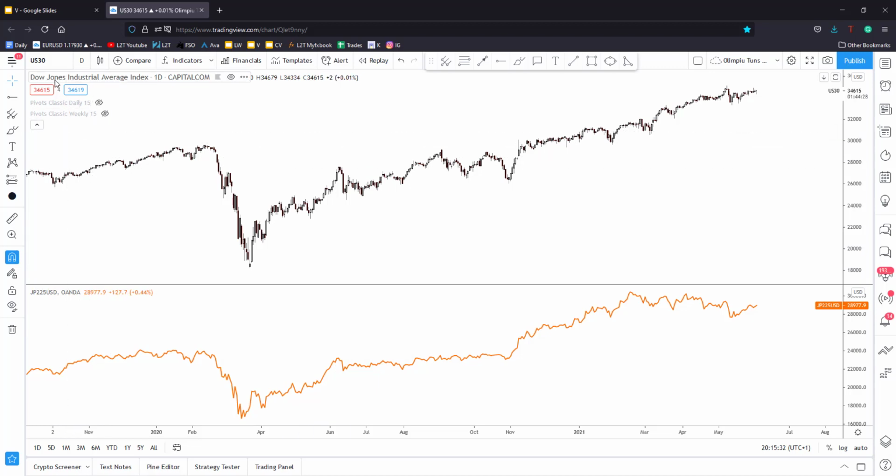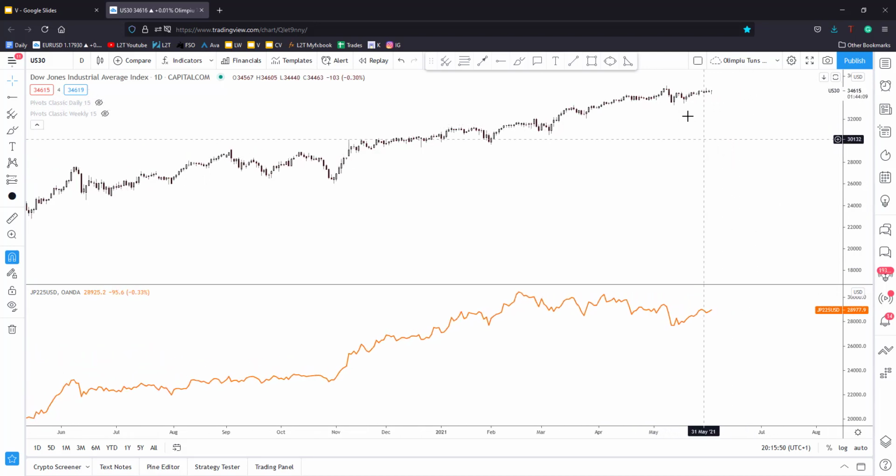So when the Dow Jones Industrial Average increases, we may have an increase also on the Japanese stock index, the Nikkei, right? A temporary drop here. Also right now, an important growth here, again registered by the US 30, and also the Japanese stock index, the Nikkei, has increased as well.